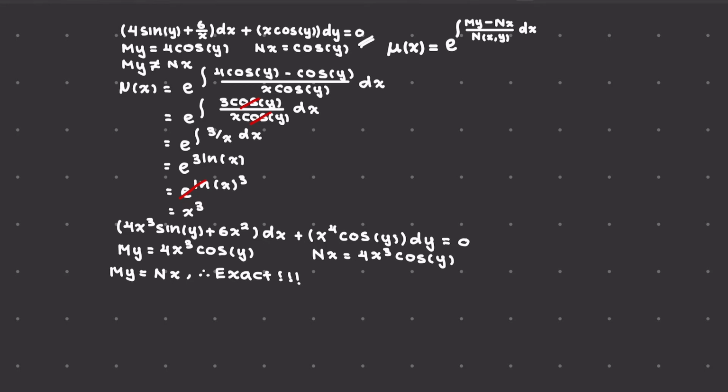After this step, after we've made the almost exact into an exact differential equation, we just need to do the same steps like we did in the exact differential equation. I will take the partial derivative of f with respect to x, f sub x, which equals 4x cubed sine y plus 6x squared.